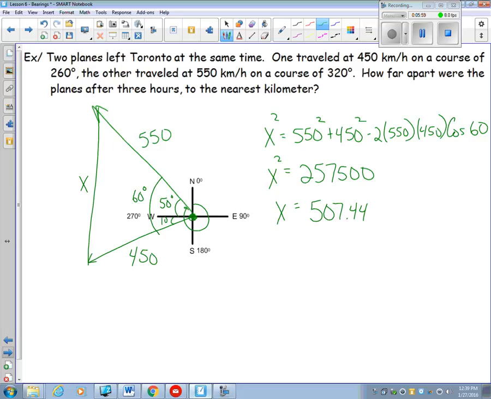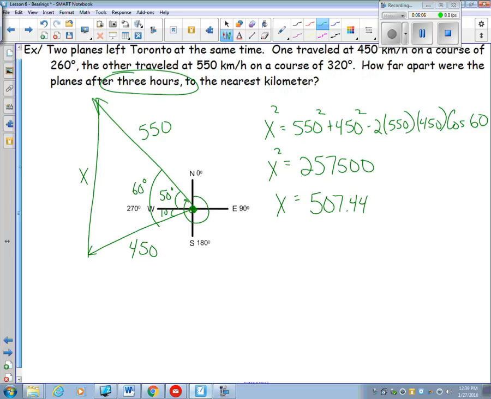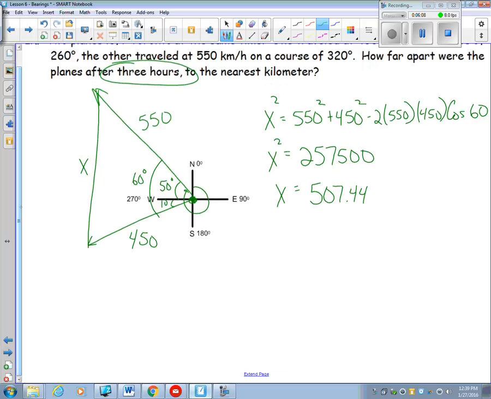I gotta be careful here because the question didn't say how far apart are they. It said how far apart were they after 3 hours. And we haven't dealt with that because we were just at 1 hour. This is 1 hour, right? So to find 3 hours, we gotta take that answer we just figured out and multiply it by 3. And we'll end up with 1,522.33 after 3 hours.